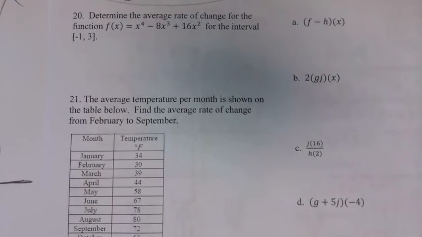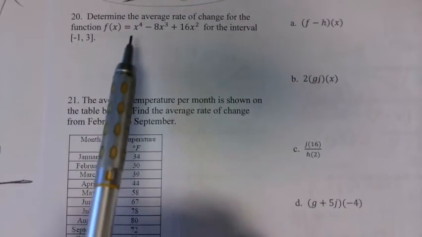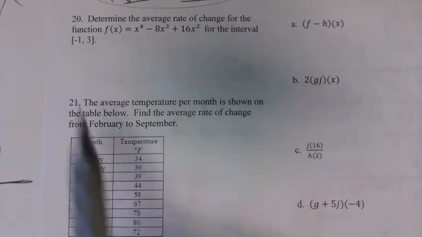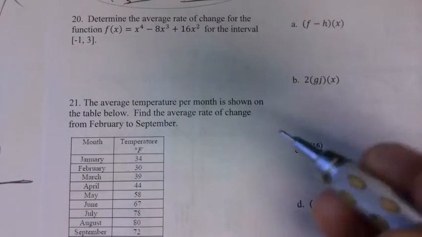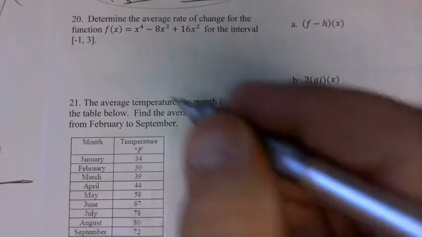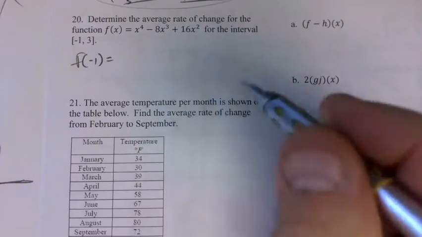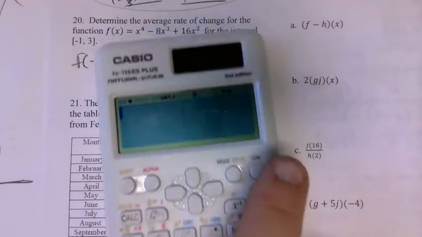Let's look at this. Determine the average rate of change for this function for the interval -1 and 3. These are x values. So I need to find f of -1. If I put a -1 in there, I'm just going to do that in my calculator. Check this out.